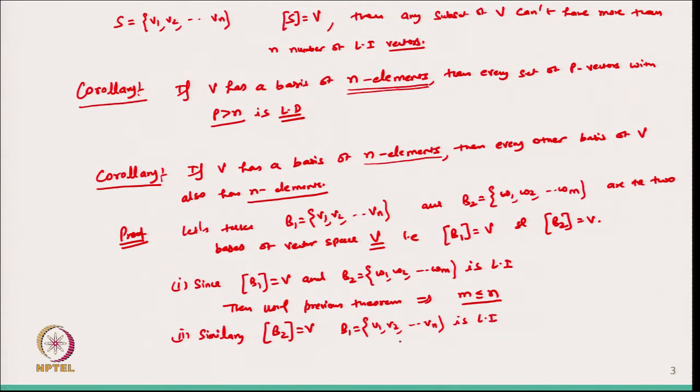So, it spans V and this set is LI, which implies that n is less than or equal to m. From 1 and 2 we get m is equal to n. So, if I choose any two bases, they will contain the same number of elements. This is the proof we have done.